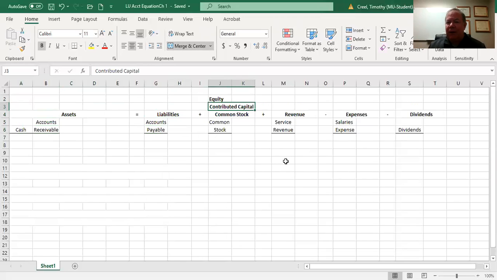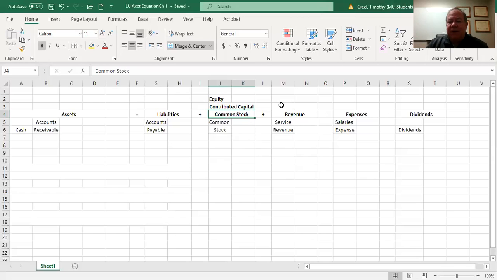One is contributed capital, which would be the common stock. Most of this we're talking about from the aspect of a corporation, following the corporate form of business. A corporation can issue stock in order to bring in funds to invest in their business, and most corporations do.